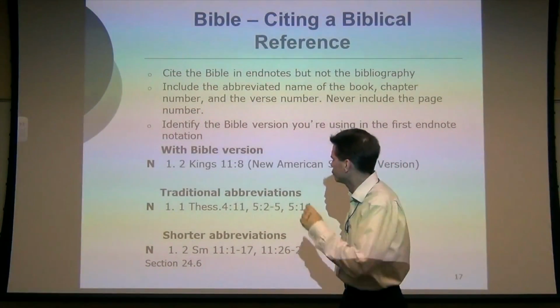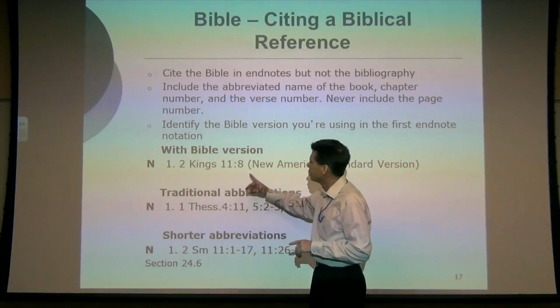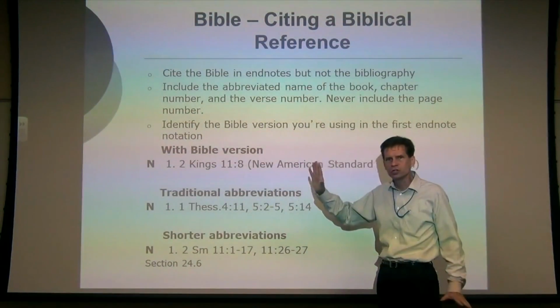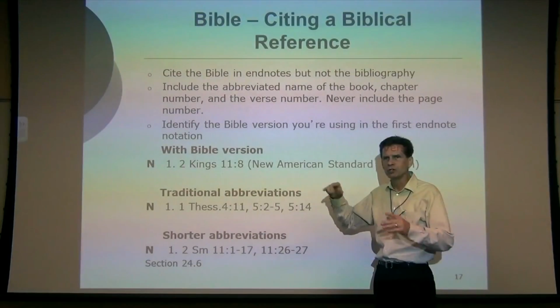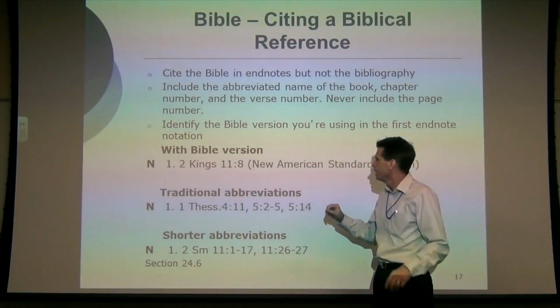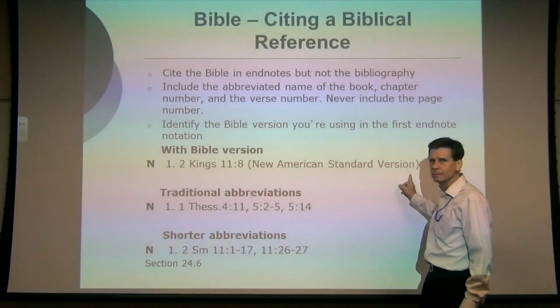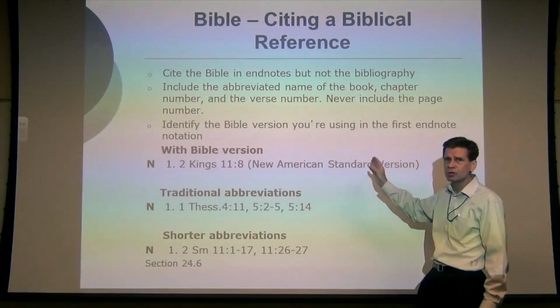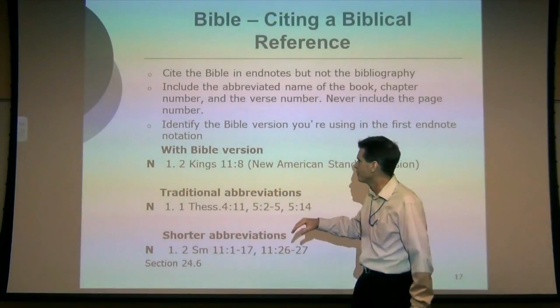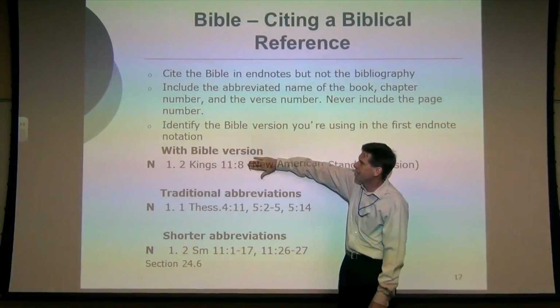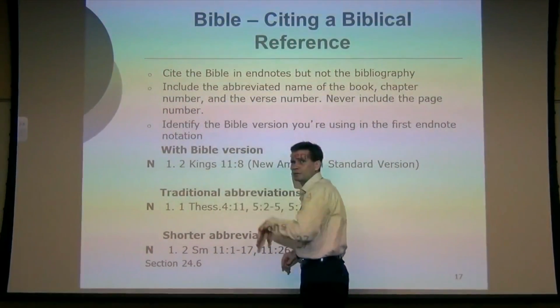You do it the same all the way through. Now here is the interesting thing. The first time you use a Bible version, you're citing your scripture, you have to put the entire name of the version that you're using. Now, if you go ahead and use that version for the rest of your paper, then all you need to put from then on is just the scripture.